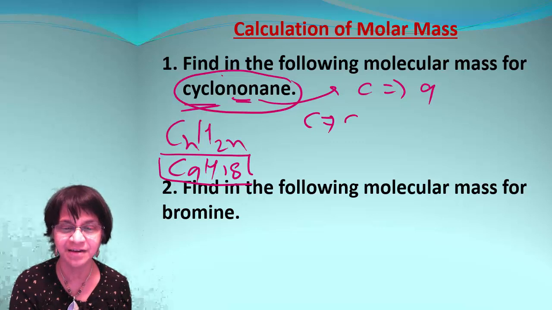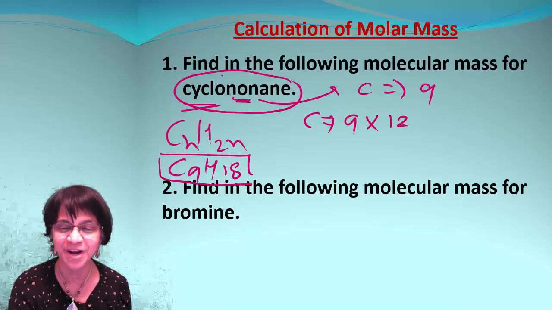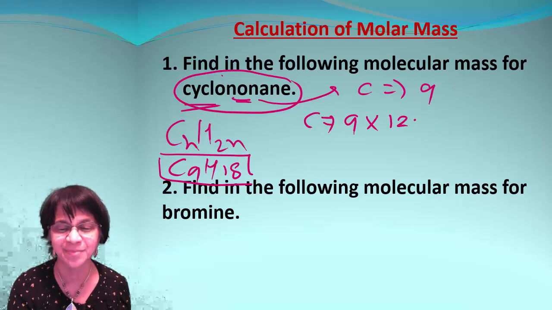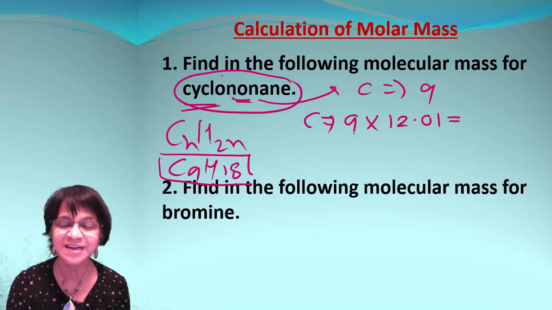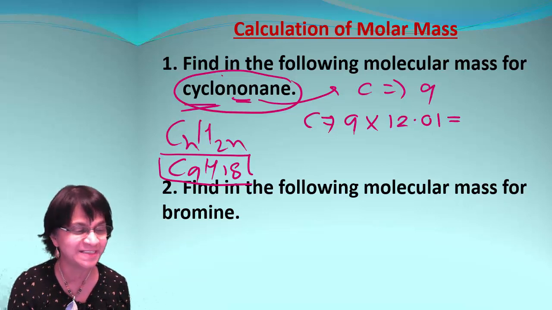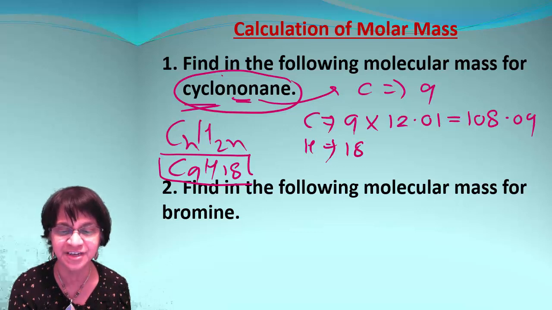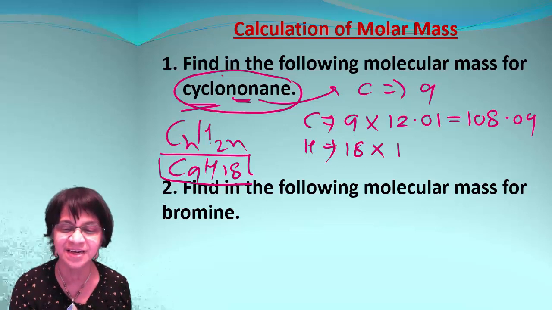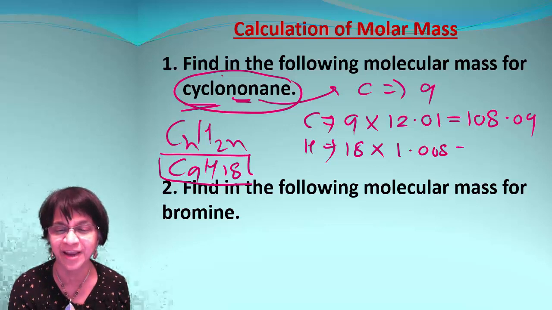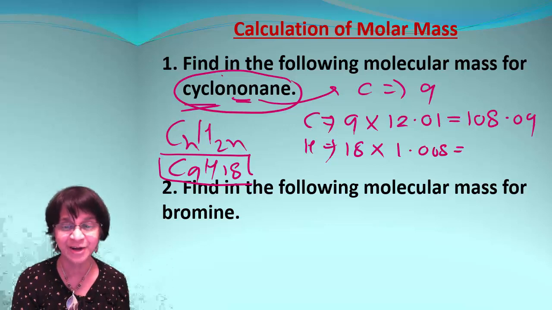So let's calculate the molar mass for C9H18. We have 9 carbon atoms times the molar mass of carbon from the periodic table, so 9 times 12.01, which I believe is 108.09. Then we have 18 hydrogen atoms, so 18 times 1.008, the atomic mass for hydrogen.